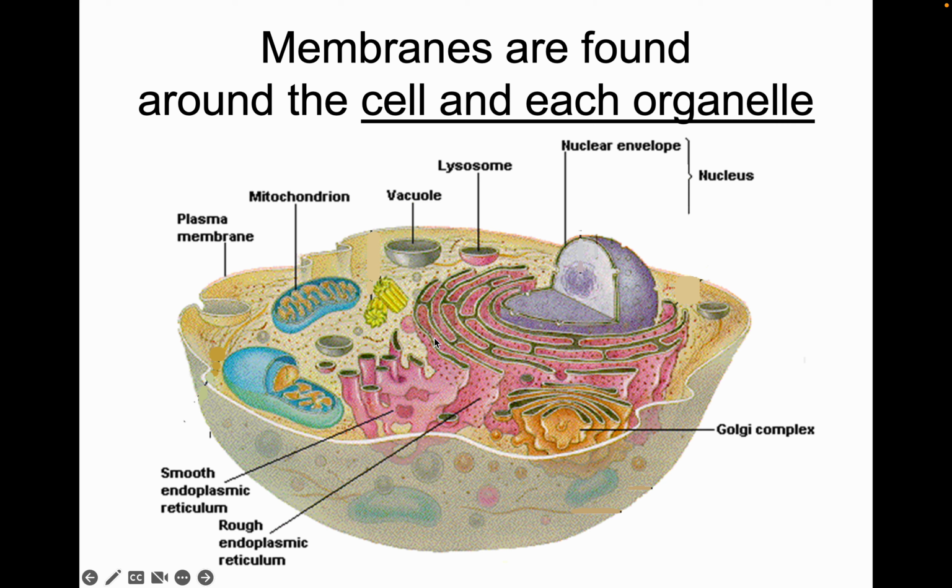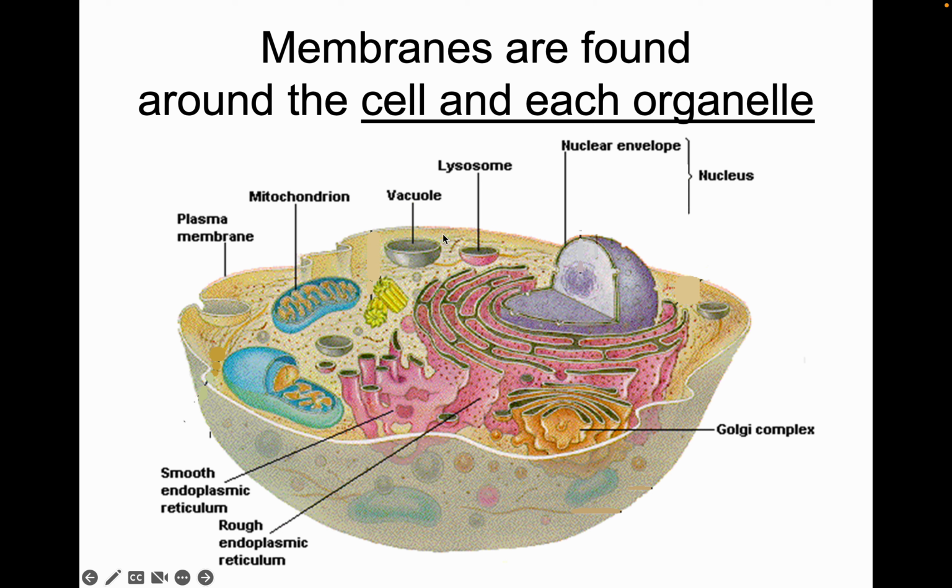Different organelles also have membranes, or they are called membrane-bound organelles. The main membrane is the cell membrane, which surrounds the whole cell. Here in our illustration, we can see the cell membrane that protects the cell from the external environment.